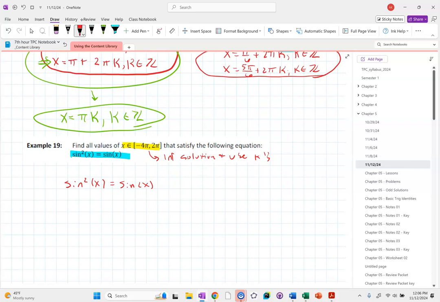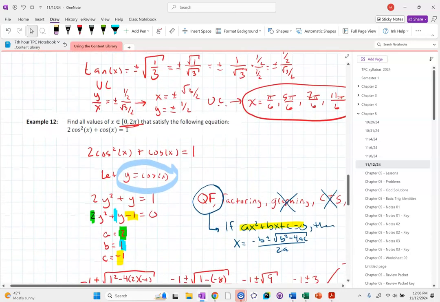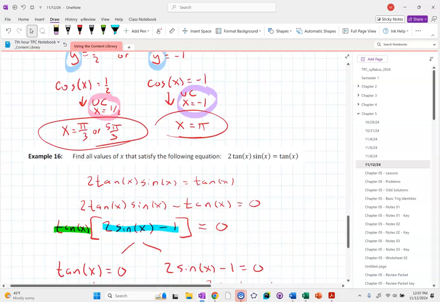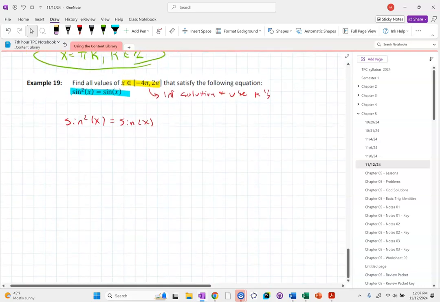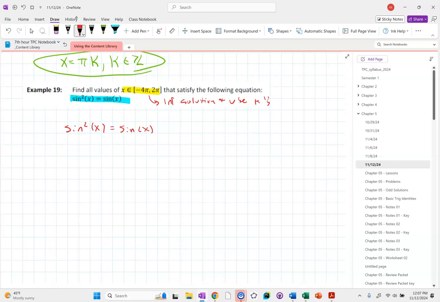Well, there's no constant term, right? If I go back to this one, we're at 2 cosine squared plus cosine equals 1. There's no constant term in my equation that I have down below, sine squared equals sine. Everybody see that? If there's no constant term, that's great news. It means that I can just factor this using a least common multiple, just like I did the previous one.